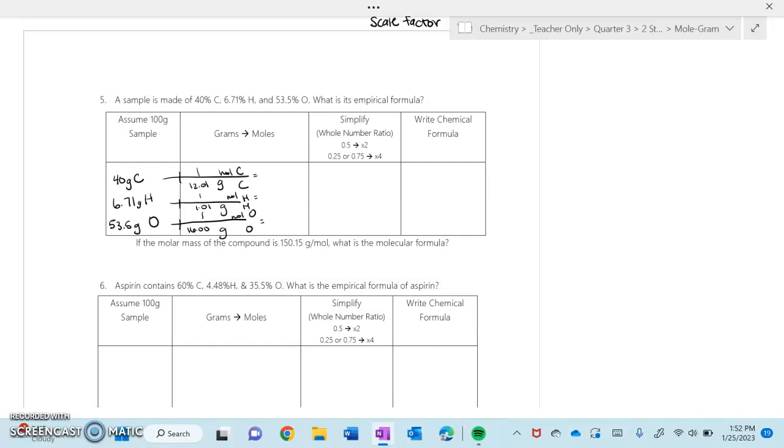So now we're going to find their moles. So I'm going to get 3.33056. Again, keep a handful of significant figures, which just means decimal places, so that we are not rounding on accident. And then 53.5 divided by 16, there's my oxygen.